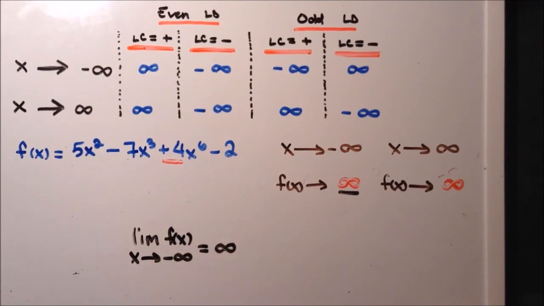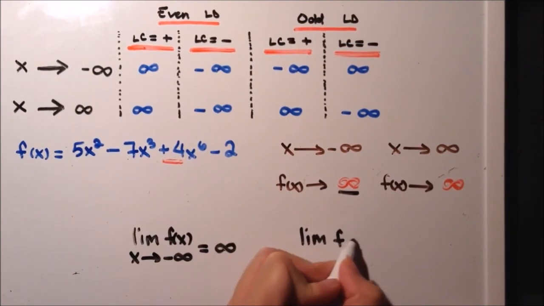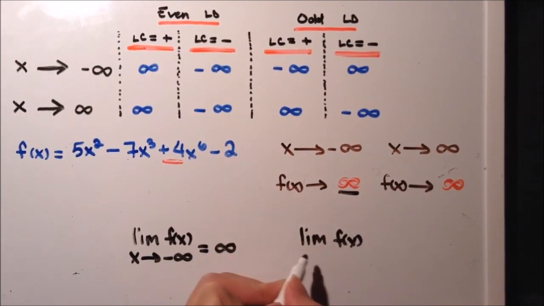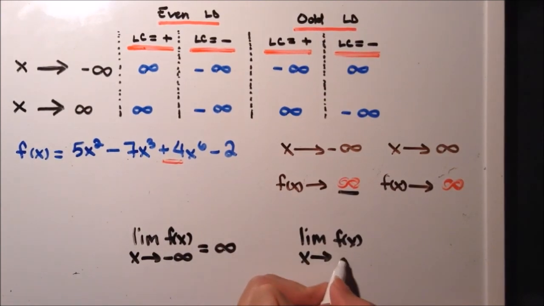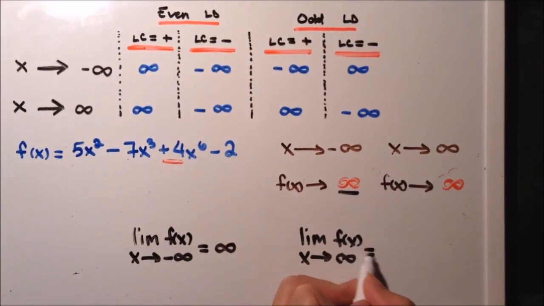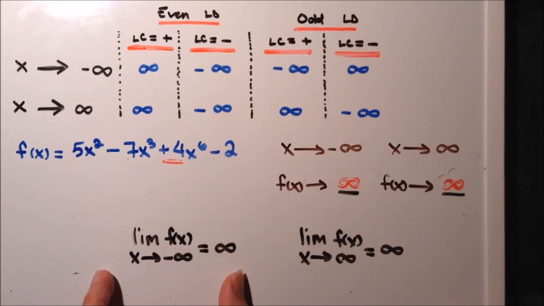Now the limit for the right side would be limit of f of x as x approaches infinity, it will equal infinity. So here's the limit notation for the left side, limit notation for the right side.